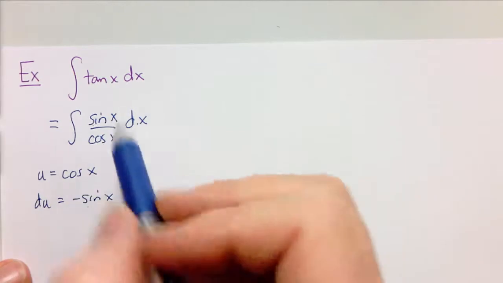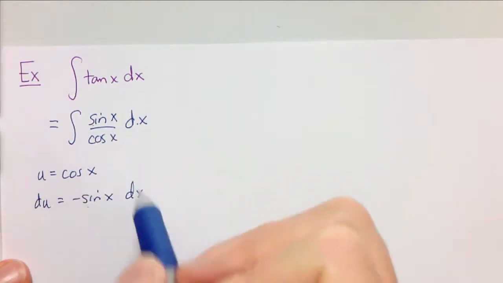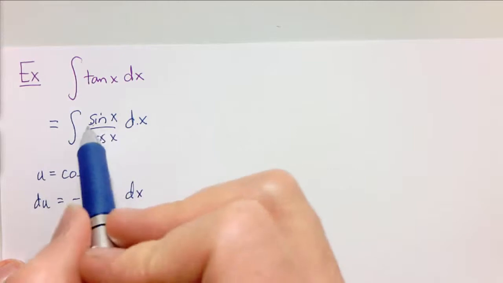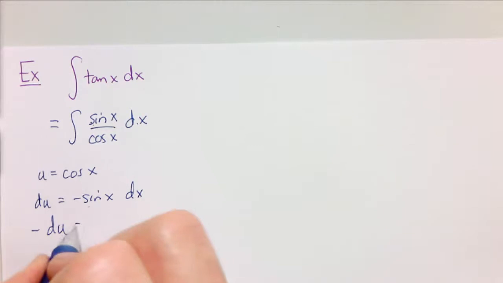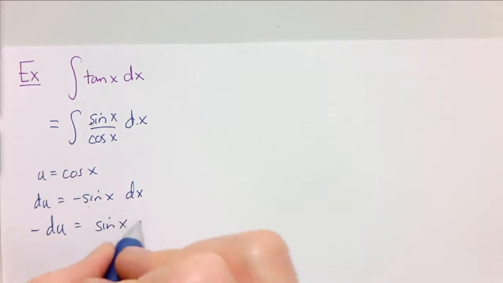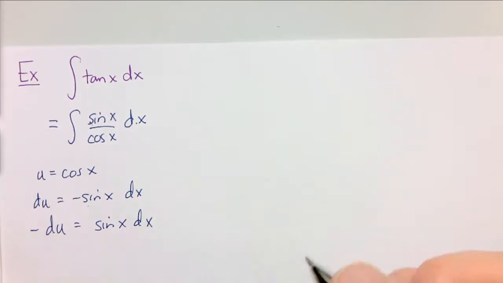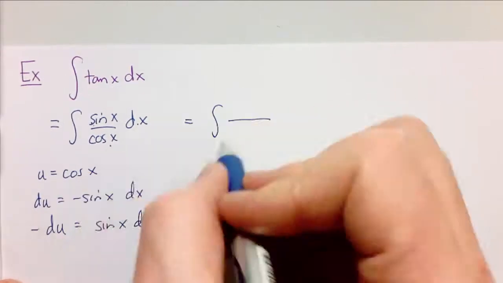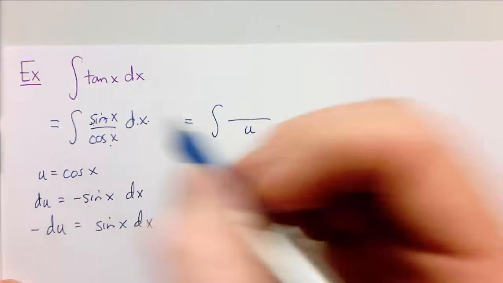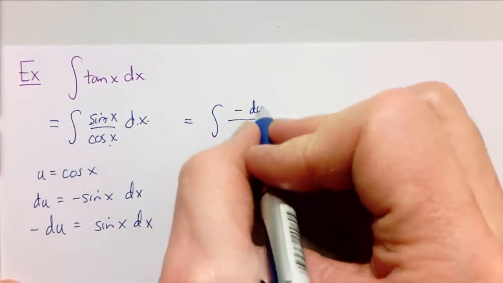Well, that's not quite what I need. du is minus sine of x dx, and I don't have minus, I just have sine of x dx. So adjust it, multiply both sides by minus 1, and now rewrite using the new variable. So cosine of x, that's u. Sine of x dx is minus du.